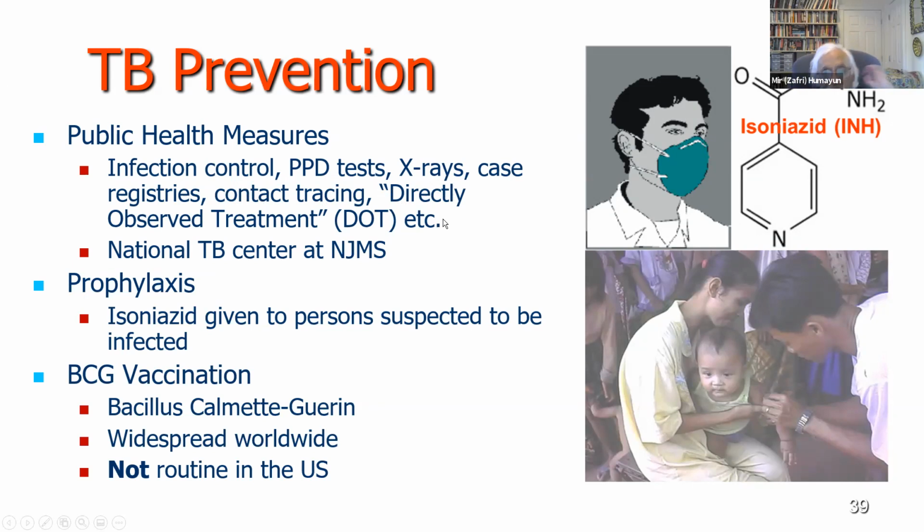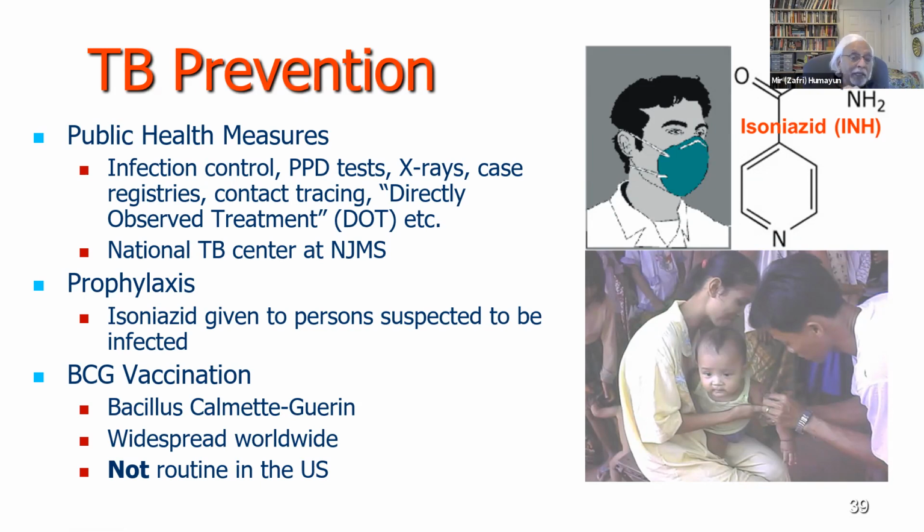Directly observed treatment refers to the need to ensure patient compliance when you are treating them with antibiotics. As you mentioned, antibiotic regimens for TB are extremely prolonged, 6 months to 2 years. And much of the time, the patient is not showing any symptoms. Therefore, patients don't necessarily comply with taking their antibiotic medication.